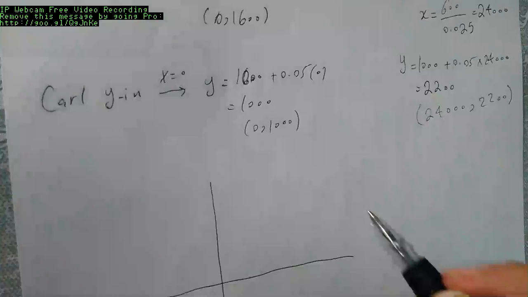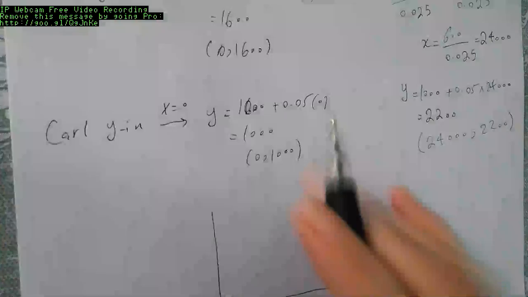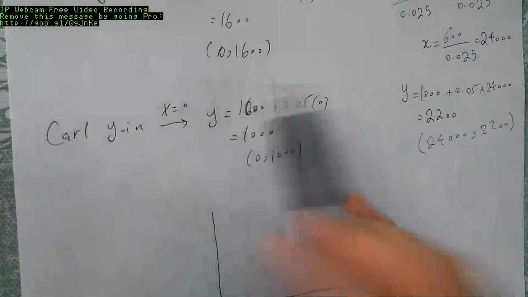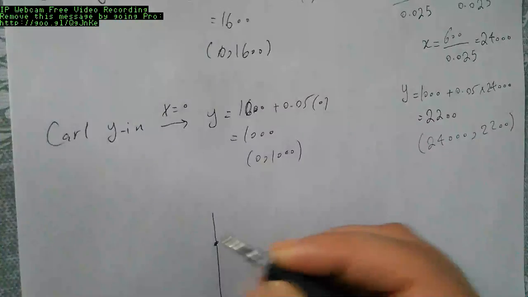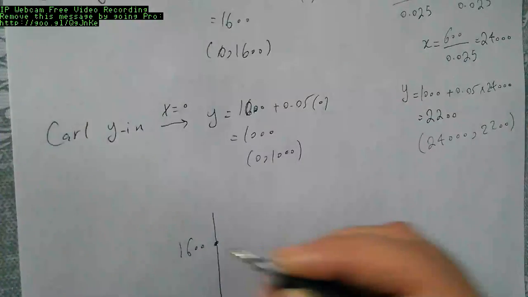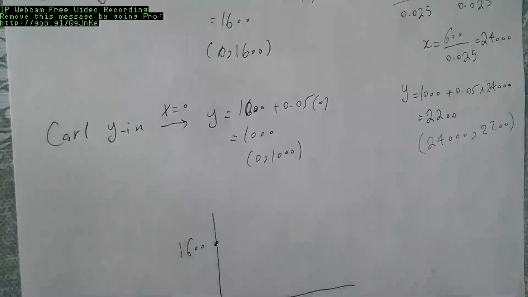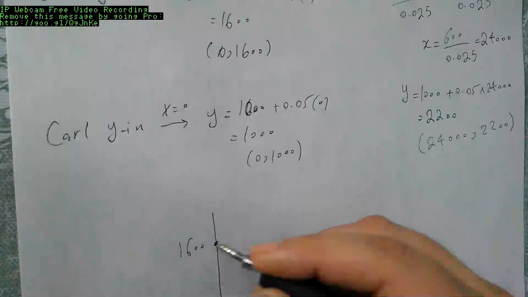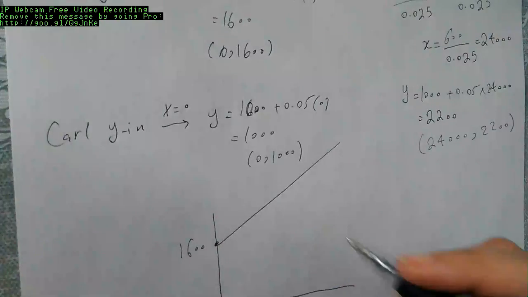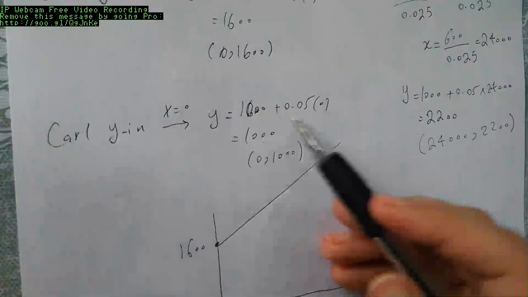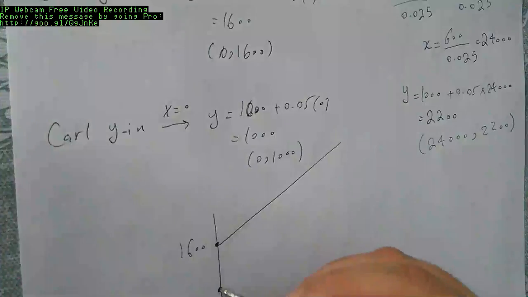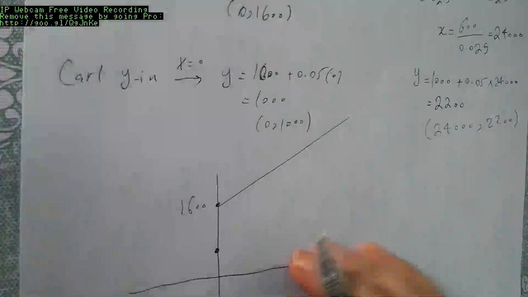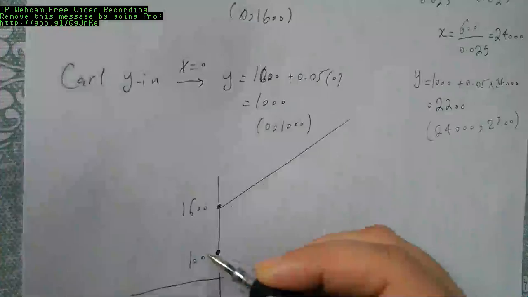For the first one, for Sam, the point of the y-intercept is (0, 1600), right? Let's say this is that, 1,600. And this line is kind of increasing. Let's say this is what I have. And for the other one, the y-intercept is 1,000.